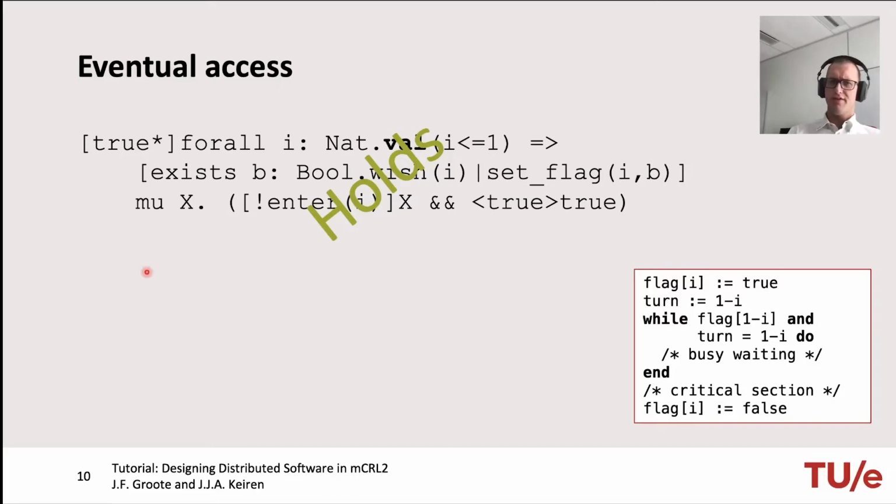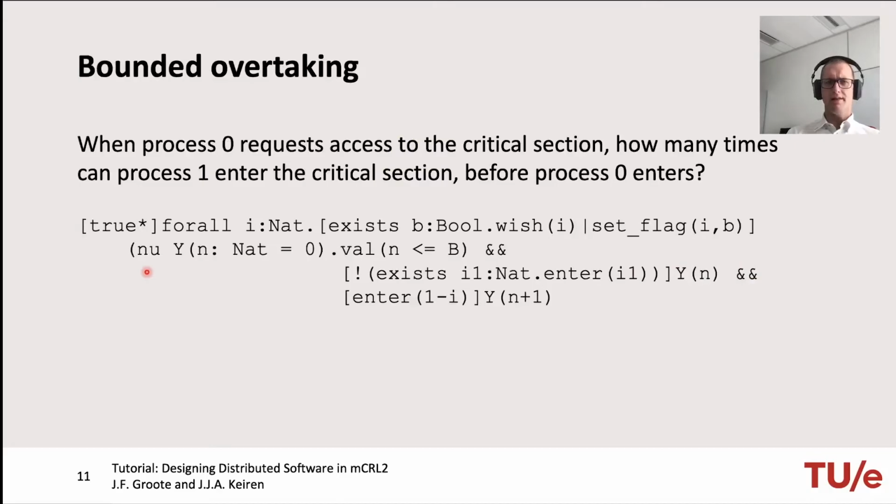Now, a natural question is, if process 0 requests access to the critical section, how many times can process 1 enter its critical section before process 0 enters? And this is, in a sense, an adaptation of the property that we had before. This is a slightly stricter requirement.